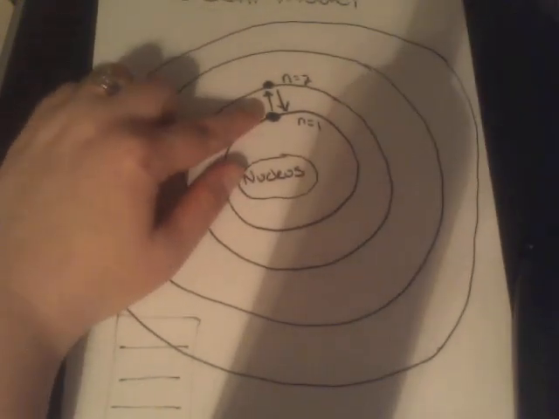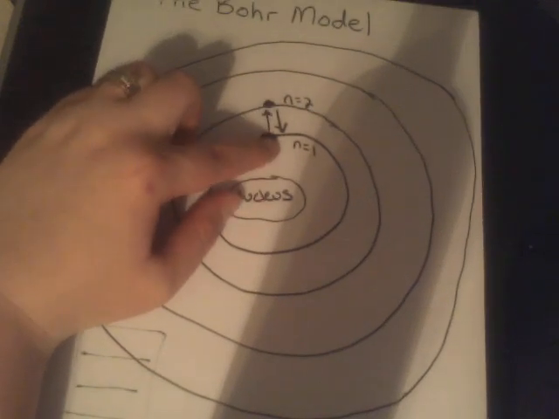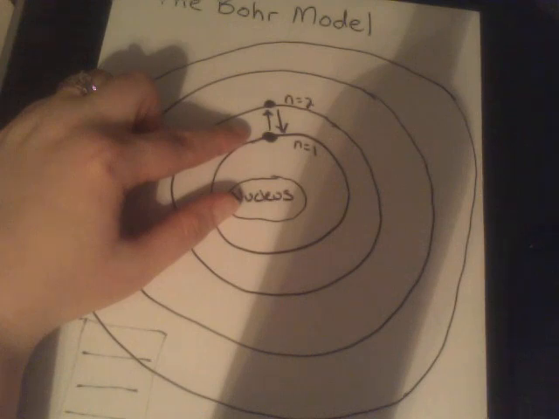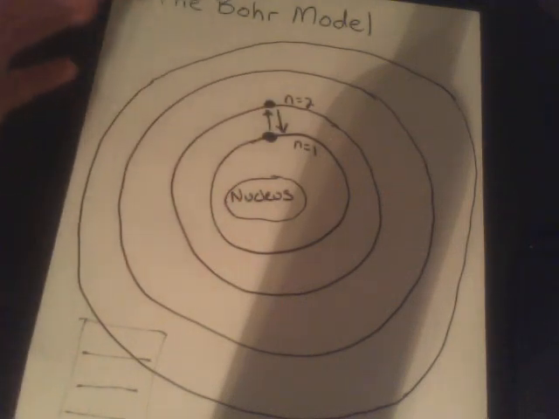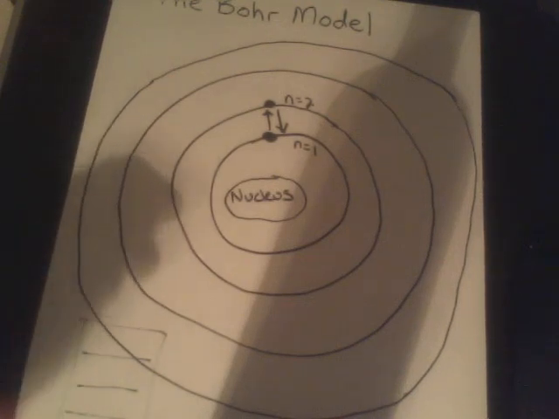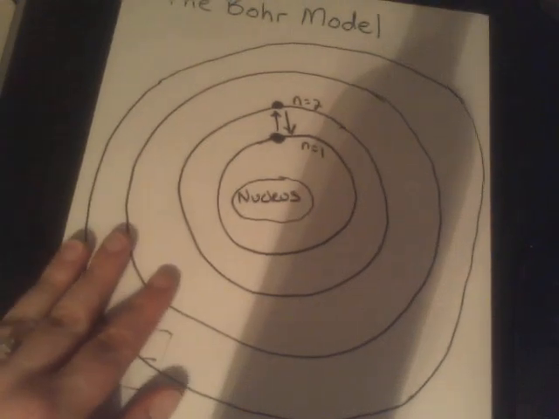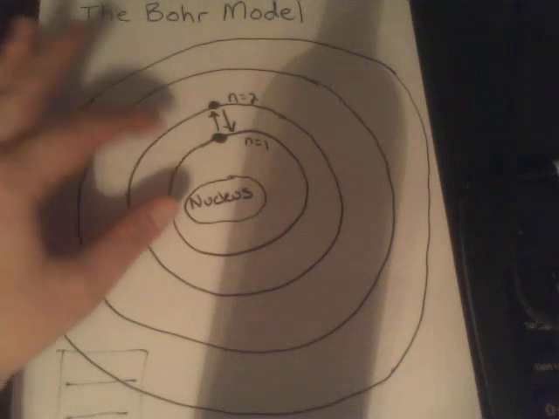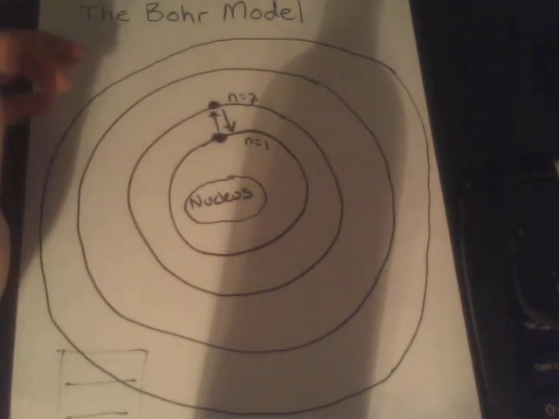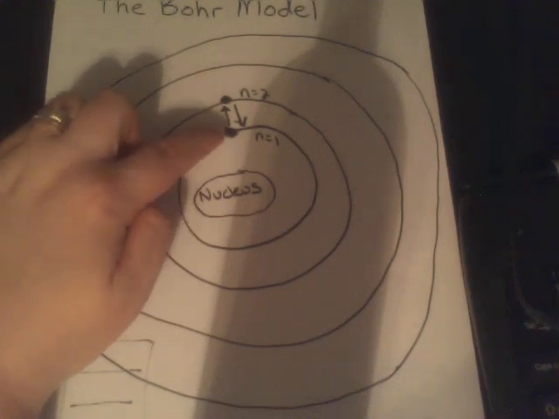It just so happens that the same energy that it absorbs would be the same energy that it releases. This is why you observe this phenomenon in fluorescent lighting, those kinds of things. You give the energy, and then they release the energy, and they release it in the form of sometimes visible light.